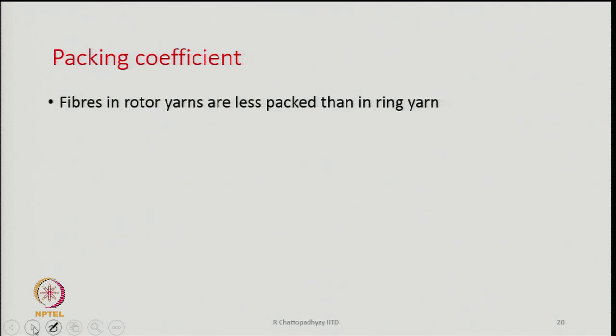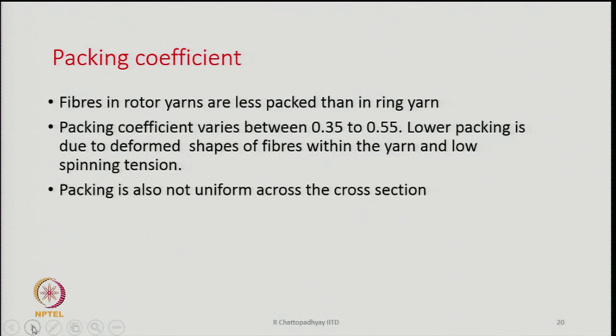Then comes packing coefficient. Fibers in rotor yarns are less packed than ring yarn. That reflection we also get in the mean fiber positions. The packing coefficient varies between 0.35 to 0.55. On the ring yarn, it will be close to 0.5 and can go up to 0.6, 0.65, depending upon the level of twist.